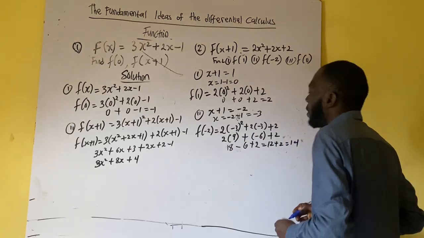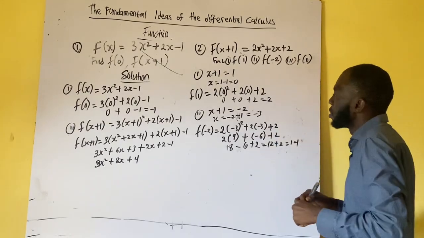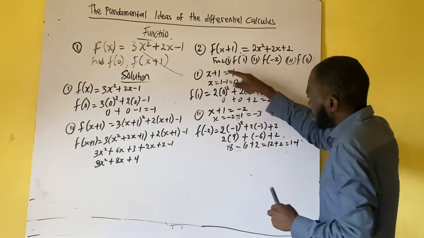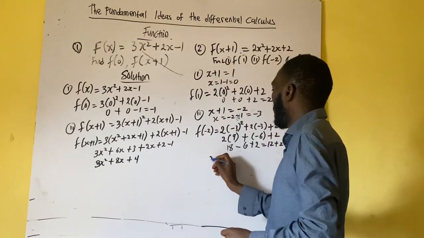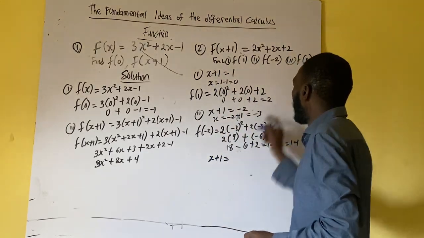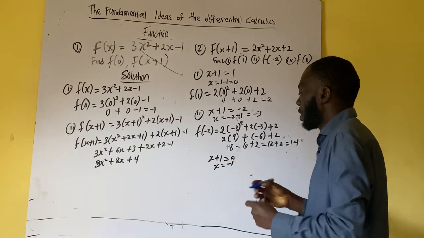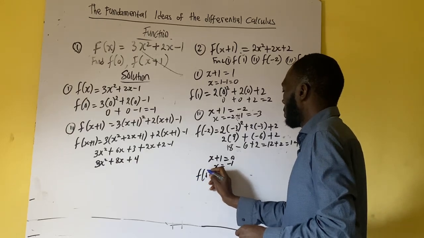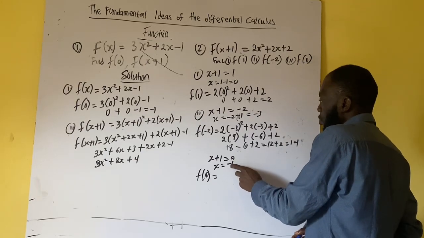So when you do the math, you have 12 plus 2, which is 14. Now the last one, where the function is 0. The same thing you did in the first two: we say x plus 1 equal to 0, so x will be equal to minus 1. Anywhere you see x, you're going to have minus 1 there.